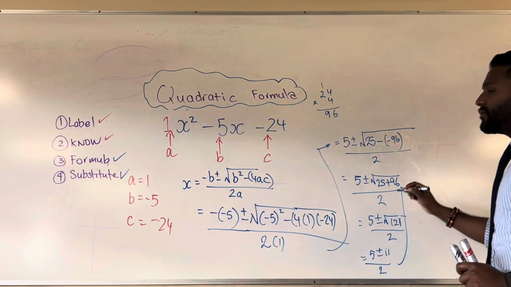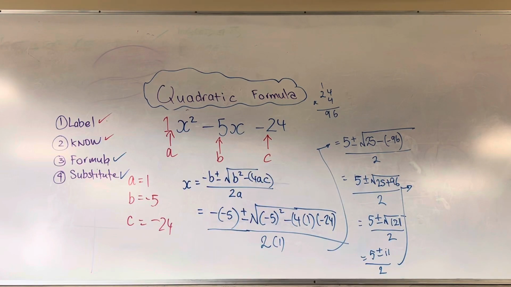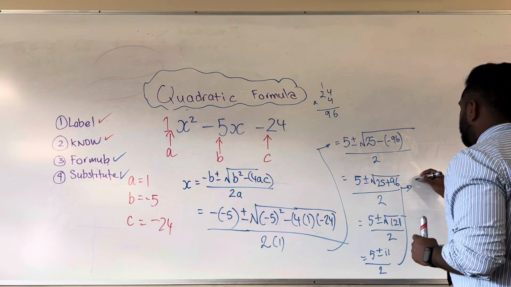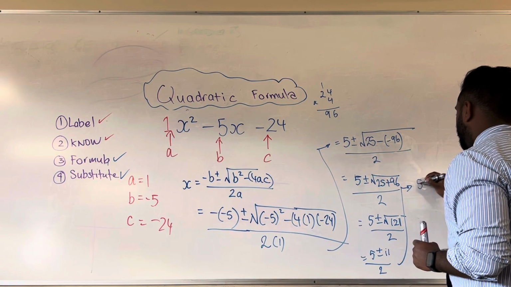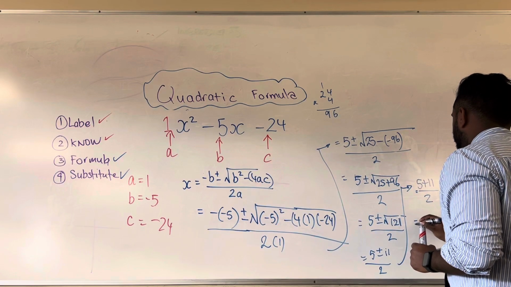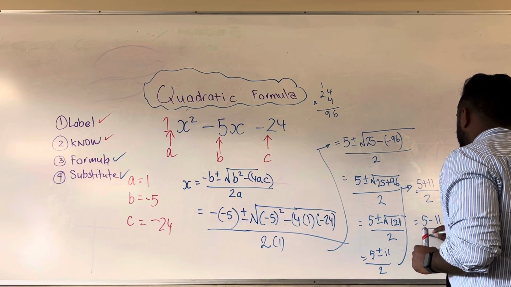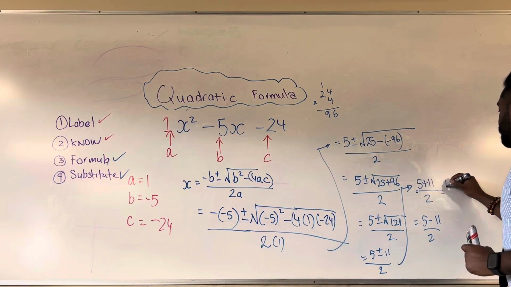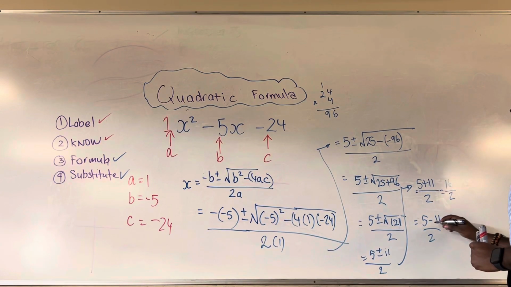Now that's actually 2 solutions. In that part, this is going to be very crucial. That is going to be 5 plus 11 over 2. And then we also have 5 minus 11 over 2. 5 plus 11 over 2 is going to be 16 over 2. That's going to be -6 over 2.